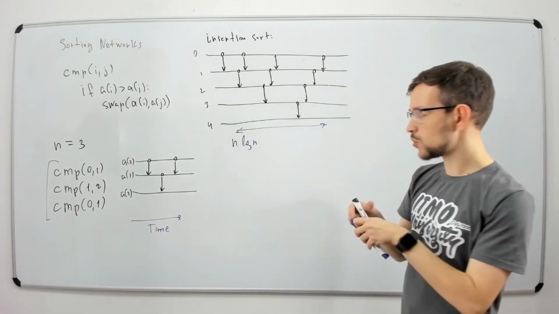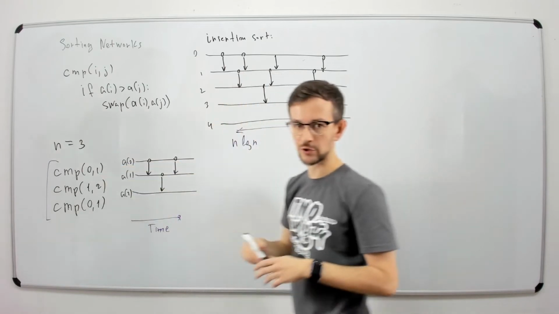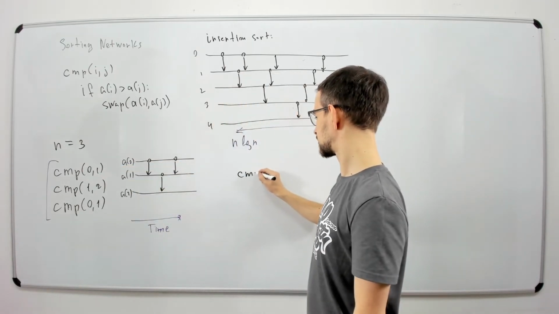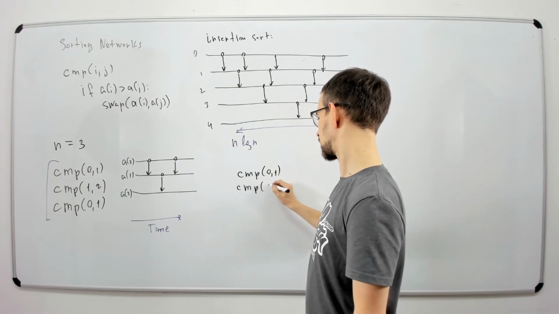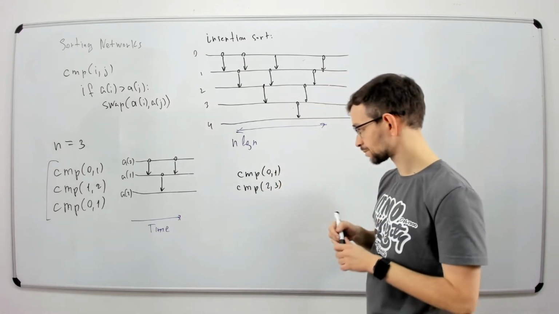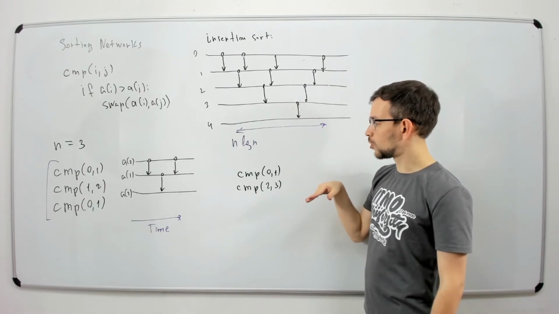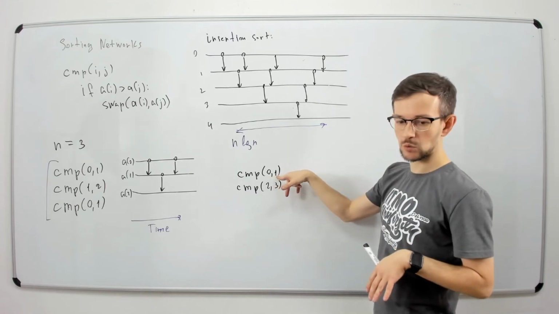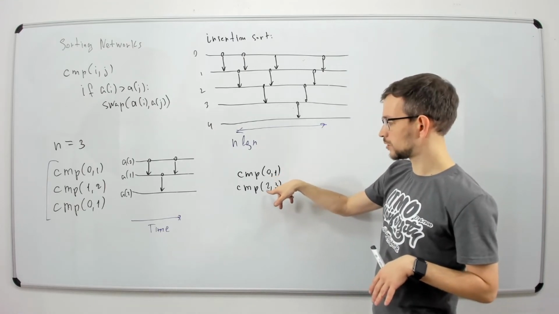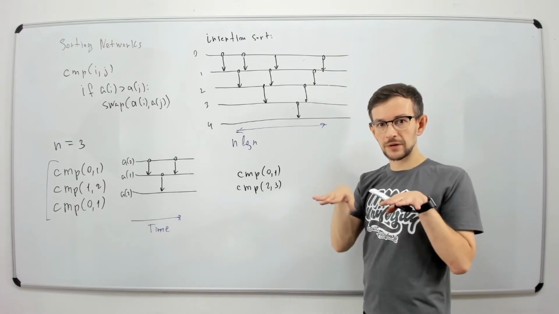For example, you call the comparator for elements 0 and 1, and then call the comparator for elements 2 and 3. These 2 calls do not interact with each other. This call only uses elements 1 and 0, and this call only uses elements 2 and 3. So we can do them simultaneously.